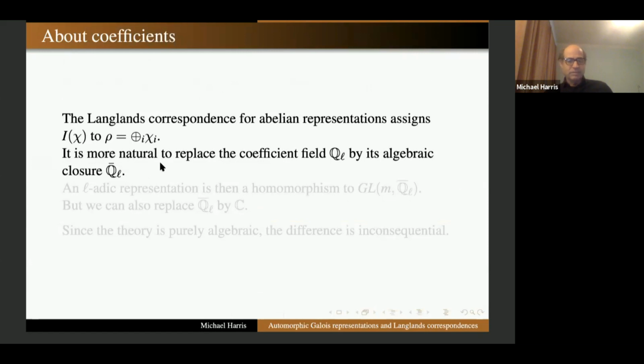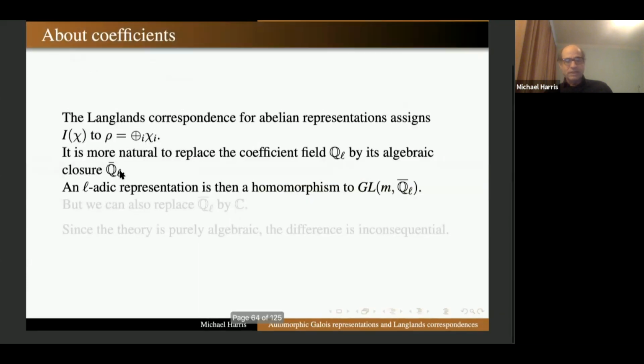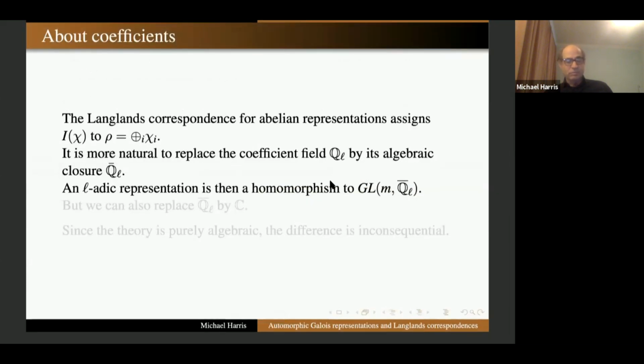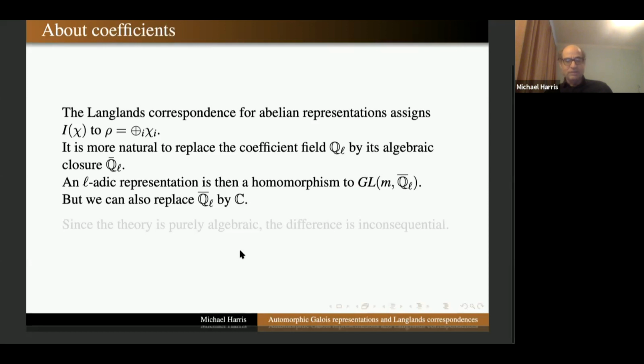So let's replace QL by its algebraic closure. And then an L-adic representation is a homomorphism from the Galois group to GLM of QL bar. But in fact, we could even replace QL bar by the complex numbers. Well, we'd have to take a deep breath before doing that, but let's do that. And since the theory is purely algebraic, the difference is inconsequential. All right, so you trust me.